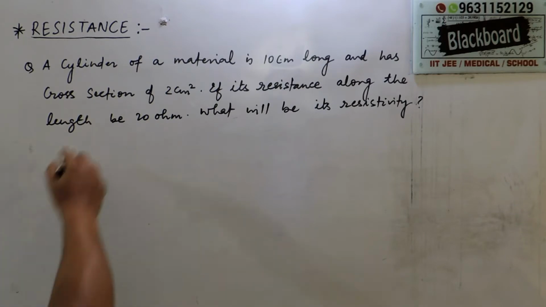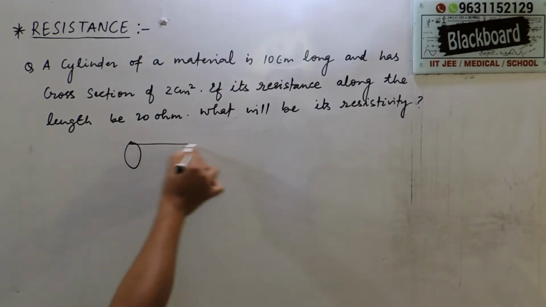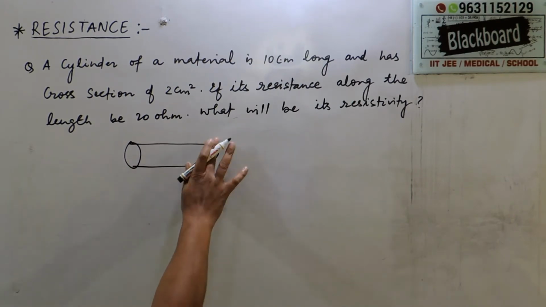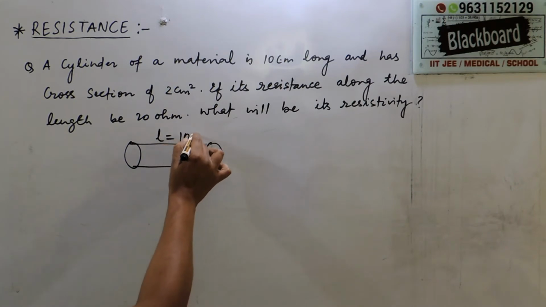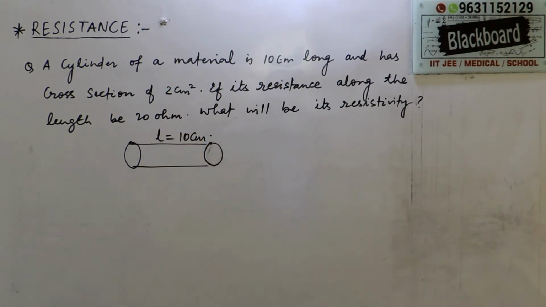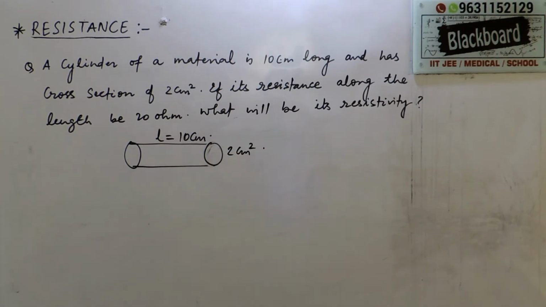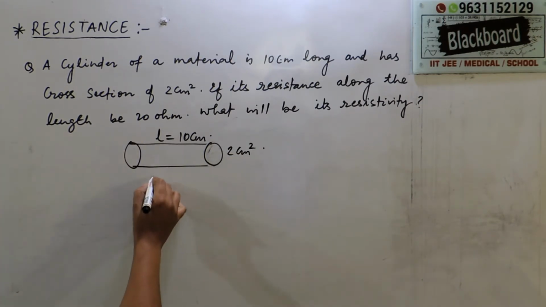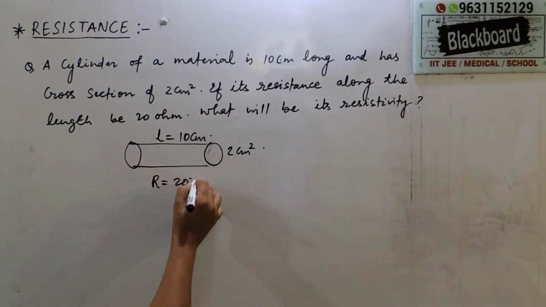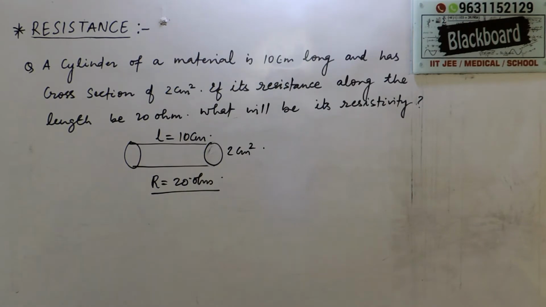A cylinder of material 10 centimeter long. Let this be the cylinder here, and the length of the cylinder is 10 centimeter, and it has a cross-sectional area of 2 centimeter square. If its resistance along the length is 20 ohm, here resistance R equals 20 ohm, what will be its resistivity?